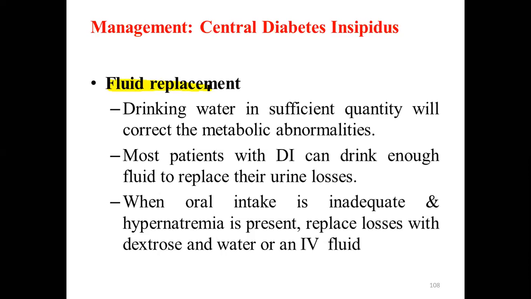So let them drink as much as they can so that they can correct metabolic abnormalities. But if the oral intake is inadequate to correct the metabolic abnormalities, we can consider intravenous administration of fluids. IV fluids like DW, dextrose in water, can be considered.